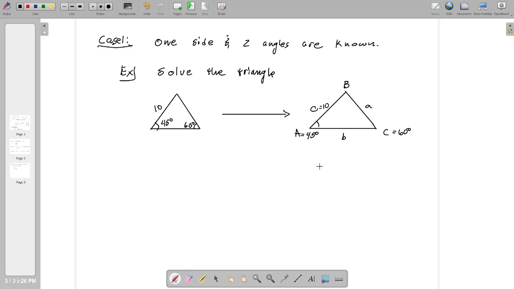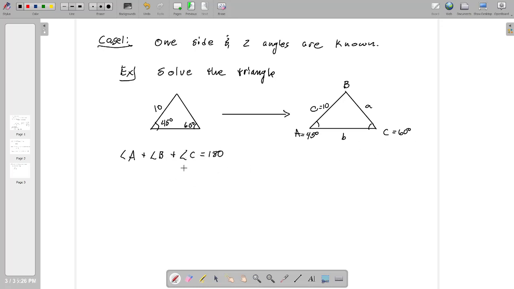Okay, so how do we start this? Well, the easiest and most logical way to start this problem is to get the third angle. We can solve for B. That will be our next step, but usually solving for all of the angles is pretty straightforward when you already know 2. So again, all angles add up to 180 degrees. So we know that angle A plus angle B plus angle C is equal to 180.